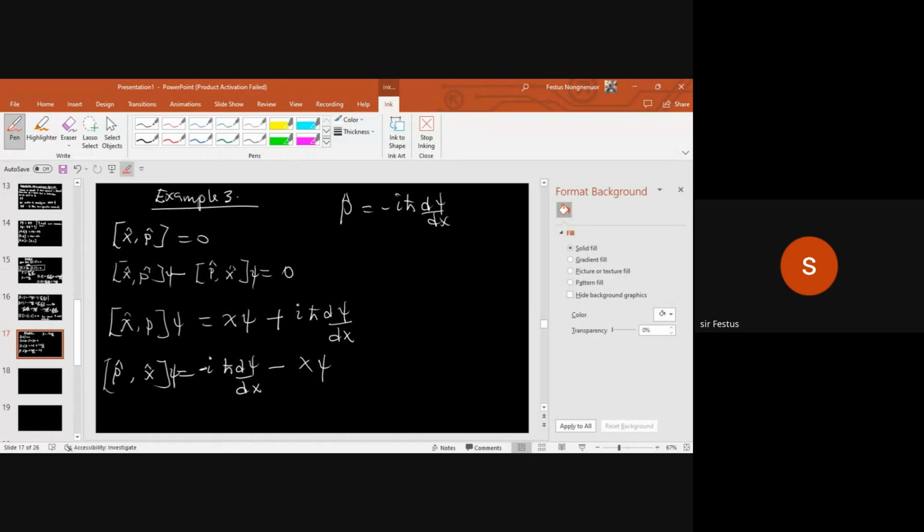So when you have X of psi, we are missing something here.